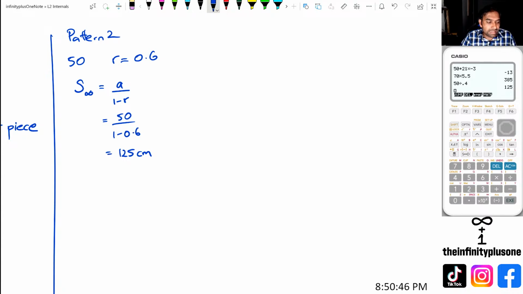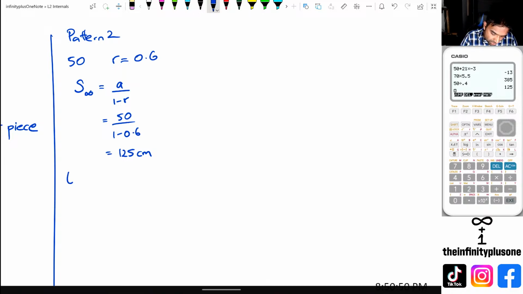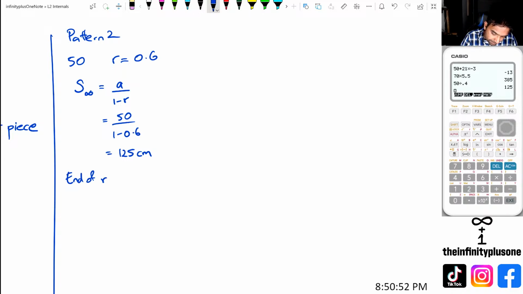All right, so what that means is that the end of the ribbon can never be reached, because it's going to be really, really small, getting close to 0, but not 0.